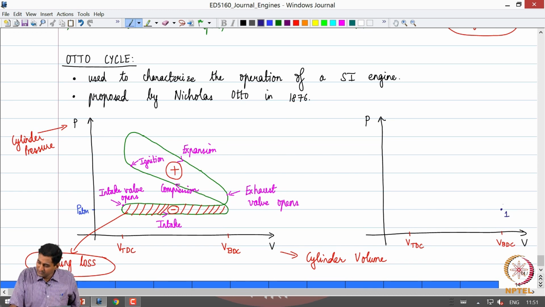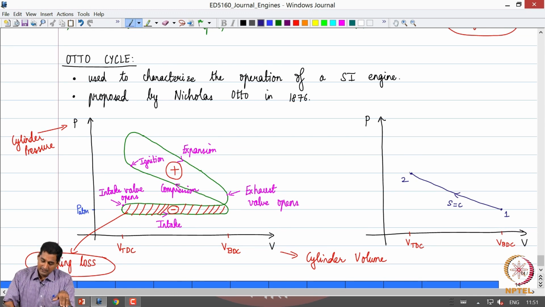So, what I do is that I compress the fuel air mixture and then I go to the top dead center, and this is a process in which I keep the entropy constant. I assume that it is a constant entropy process or an isentropic process. So, the compression process is assumed to be isentropic, from 1 to 2.